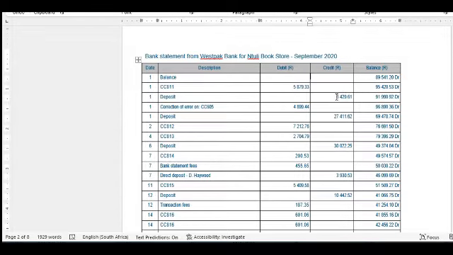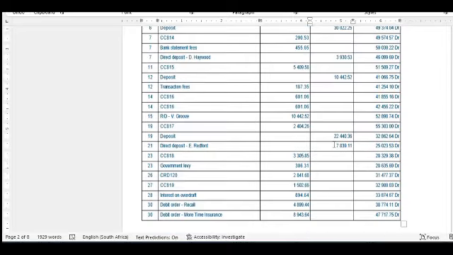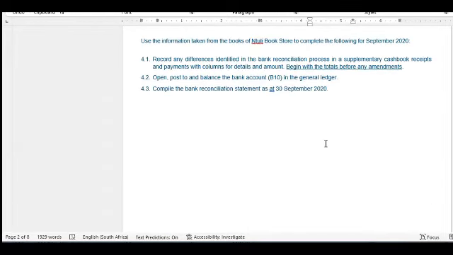And if an amount enters your account, it is credited, even though in the books of the company, when you get money, bank being an asset account, it will be debited, and if you pay money, it will be credited. Just remember that on the bank statement, it's the other way around, because the bank statement is not yours, it's the bank's to you. Okay, so we get the bank statement, and then we get some additional information.